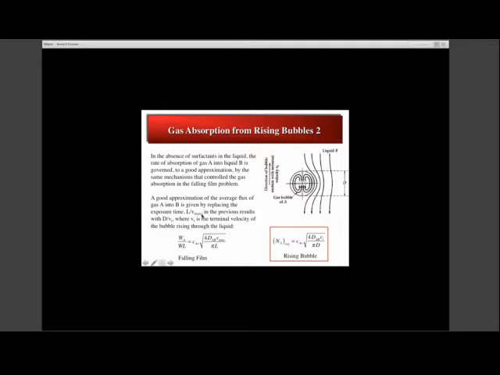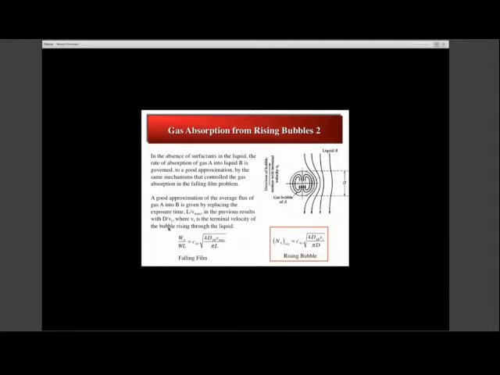And I'm not going to go into this in extraordinary detail, but I want to bring this up simply because this is a very practical application of gas absorption. It's often occurring out of these bubbles, and I wanted to show you how analogous it was to the gas absorption into that falling film, which is a problem we can treat readily analytically.